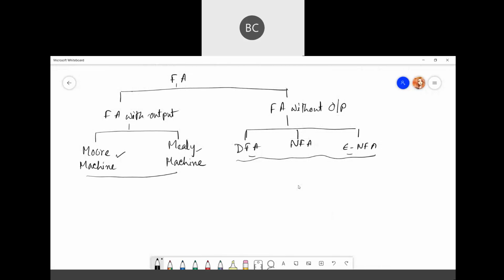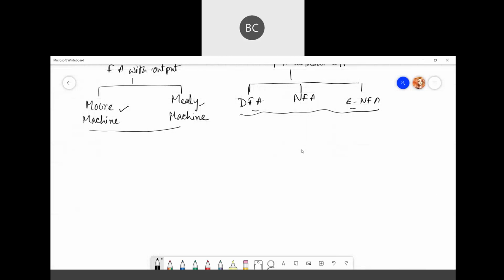Before that, you have to understand, as I mentioned in the last class, there are certain transition diagrams. Whenever it reads one input symbol, it moves from one state to another state. That means it transits from one state to another. With the help of a transition diagram, you can represent a finite automata.